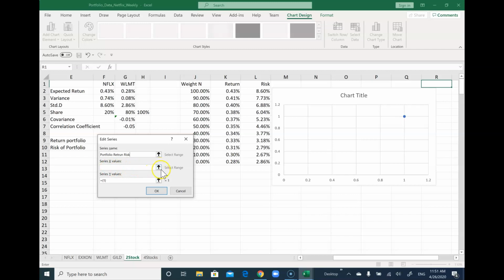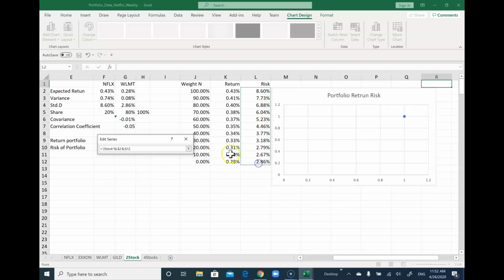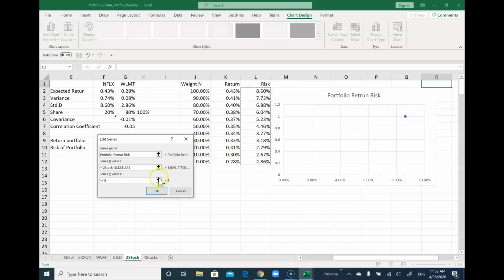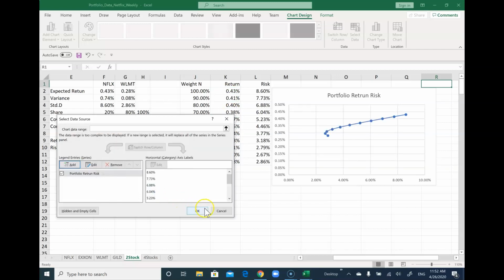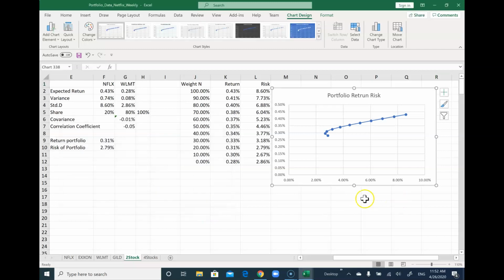So select x values, and the x value is the risk, and the y value is the return. And press OK. Now you can see the risk and return profile of your portfolio.